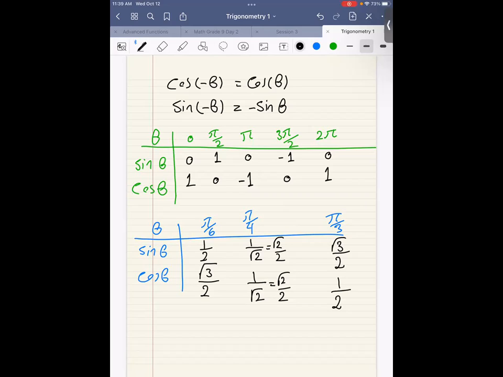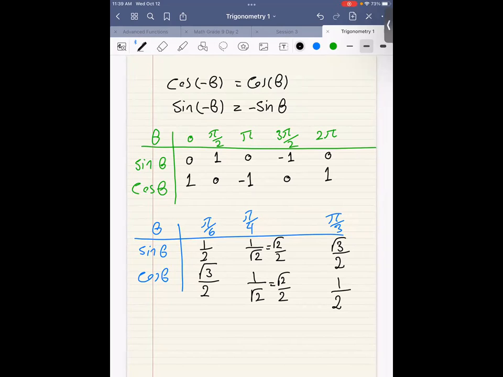Okay. So I also want you to know sine and cosine for these, like pi over 6, pi over 4, and pi over 3.